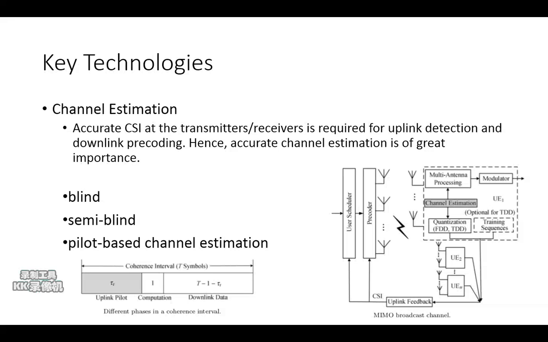The graph on the left is the MIMO broadcast channel based on user scheduling and precoding, which use the CSI acquired by channel estimation. There are several channel estimation technologies, including blind, semi-blind, and pilot-based channel estimation.